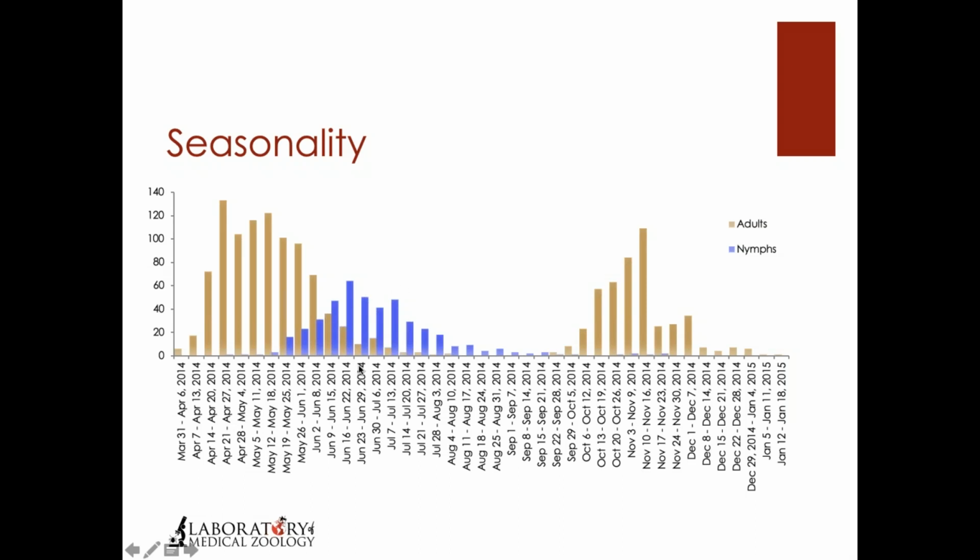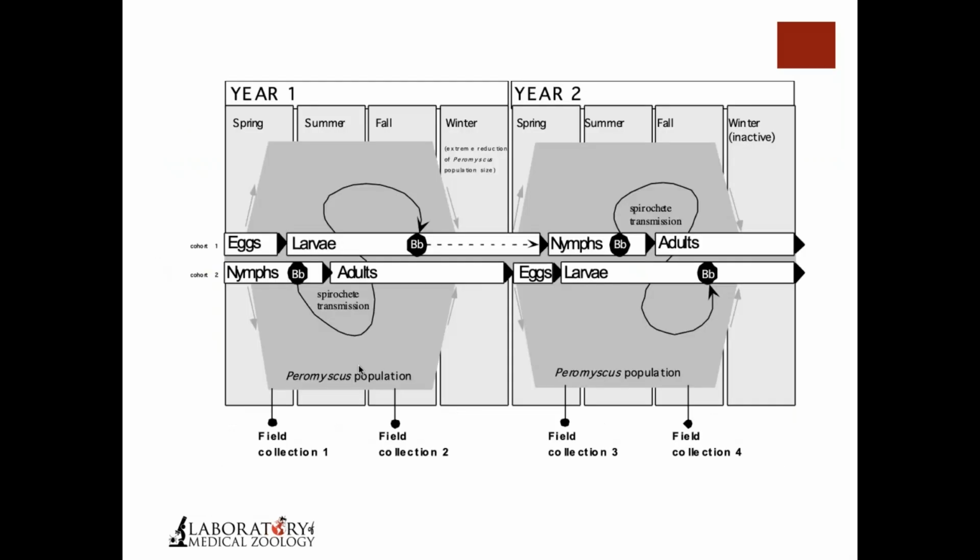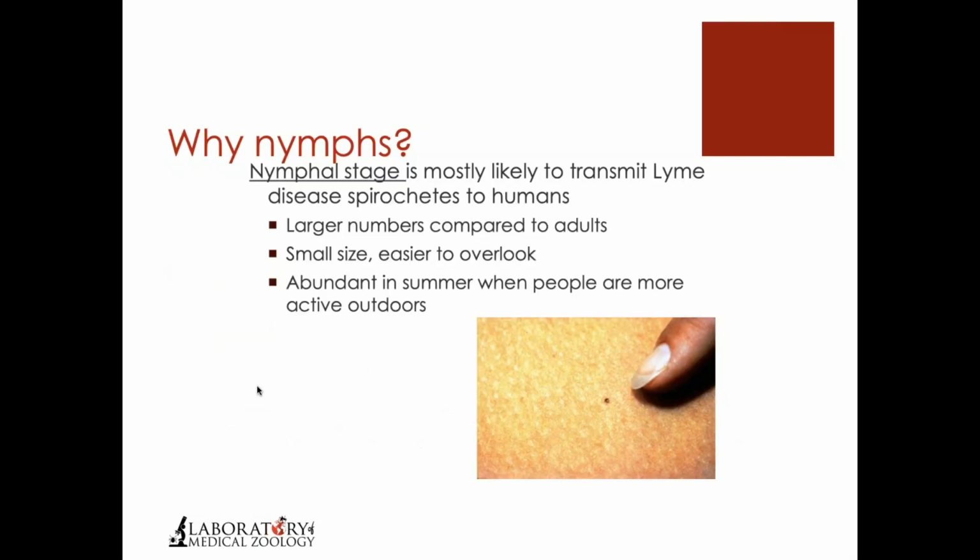And the logic for that is, sorry, I had to skip a slide there to show this, that the nymphal stages are much, much smaller, and they're much more likely to feed to that critical point when the pathogens move out of the midgut and into the salivary glands and into the host. And because they're so much smaller, they have a higher likelihood of doing that before they're detected.